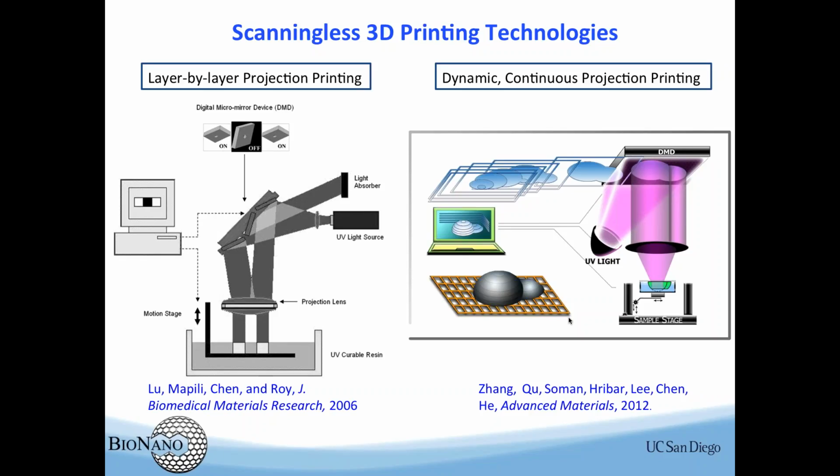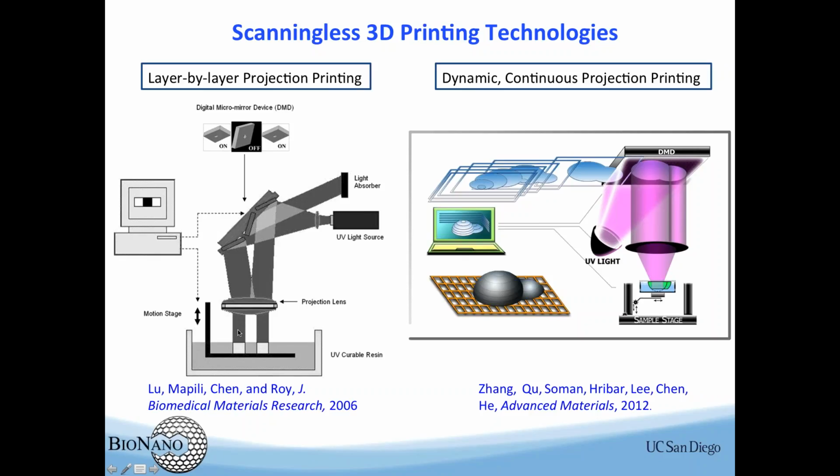So with my background in optics, I immediately jumped to another direction that can do everything but with much higher throughput. So on the left side, and that work was published in 2006, we use a digital micromirror array to deliver the light.